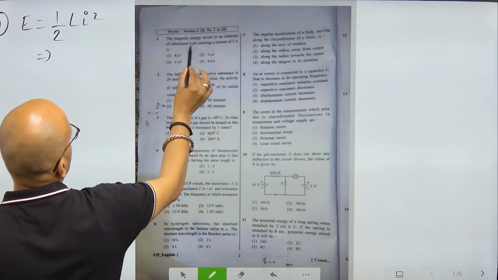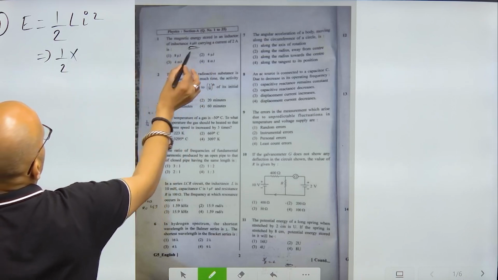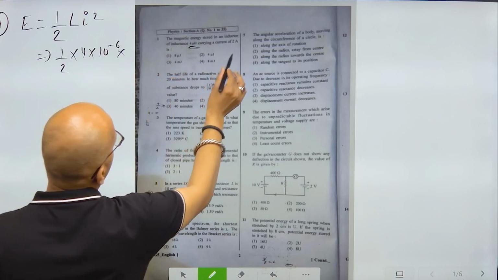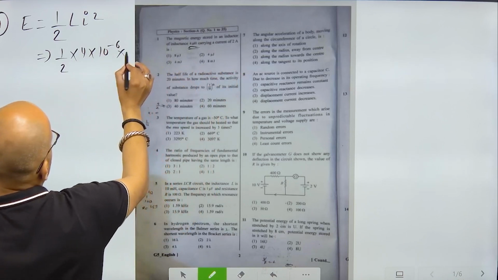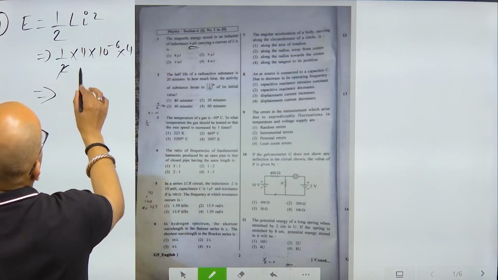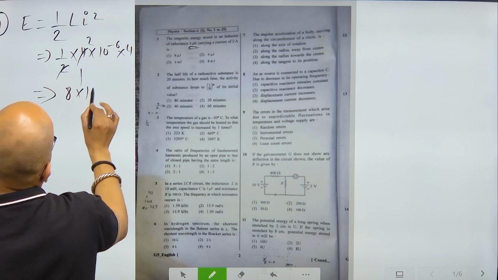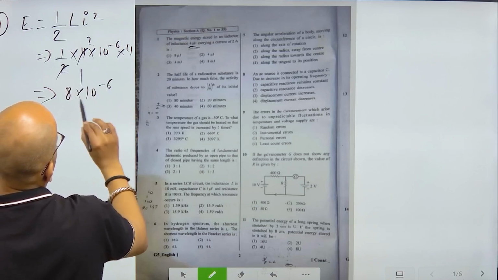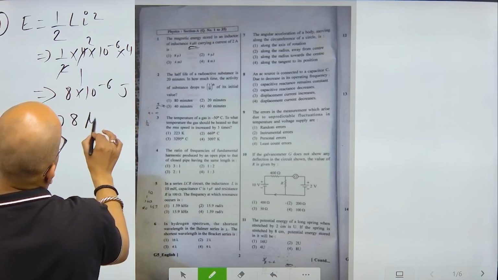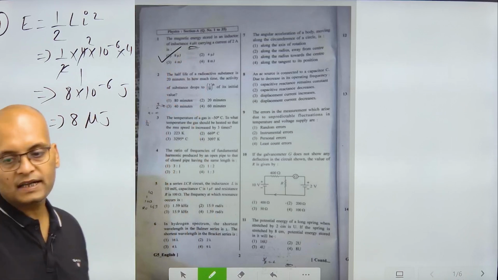Value of inductance is given to you: 1 upon 2 into 4 into 10 to the power minus 6 into I square. I is 2 ampere, so square of 2 is 4. 2 ones are 2, 2 twos are 4, 2 fours are 8. 8 into 10 to the power minus 6 joules, or you can say 8 microjoules. So option 1, 8 microjoule is correct.